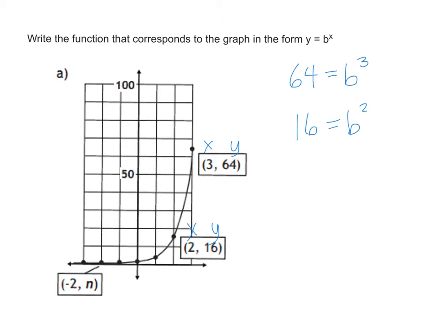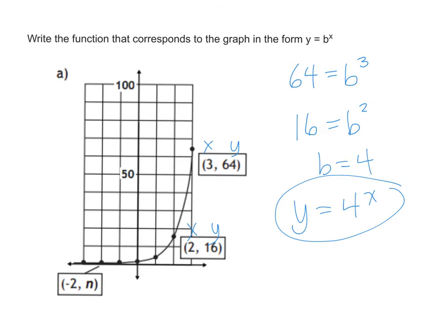So that means 4 to the power of 3 is 64, is that correct? And 4 to the power of 2, is that 16? So b is equal to 4, which means the equation is just y equals 4 to the power of x. So that was really just figuring it out by guess and check.